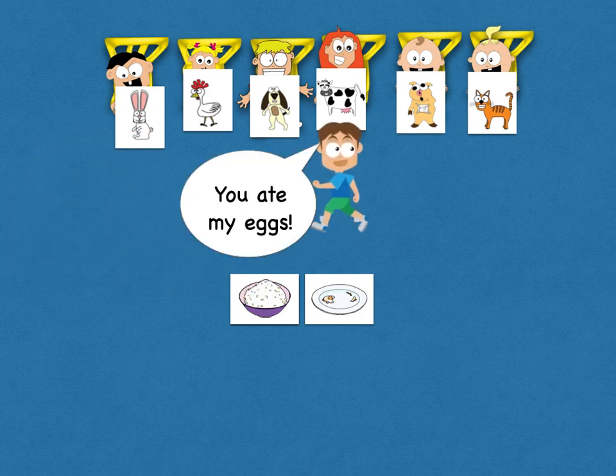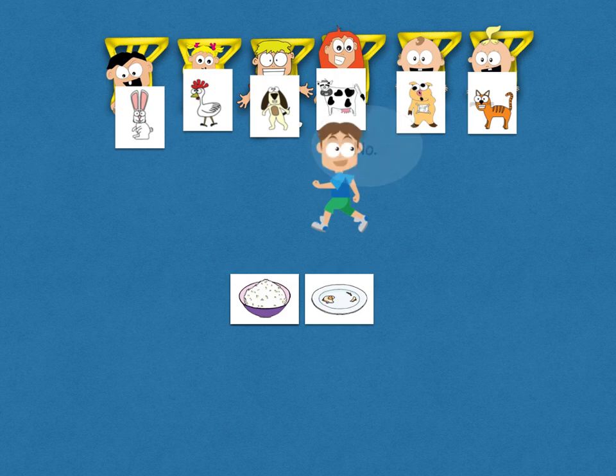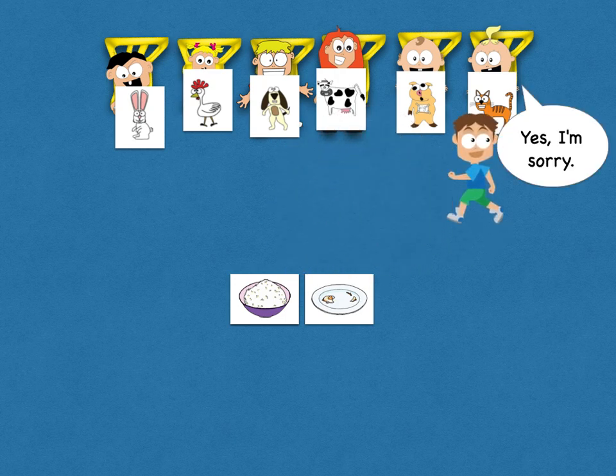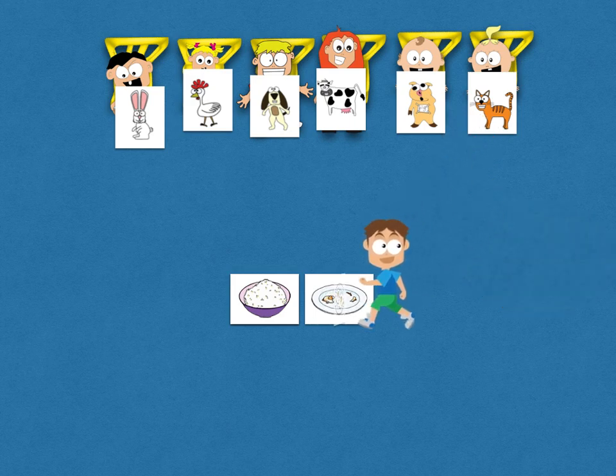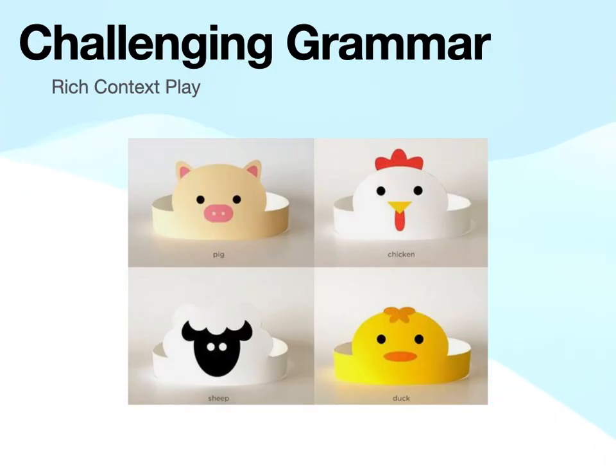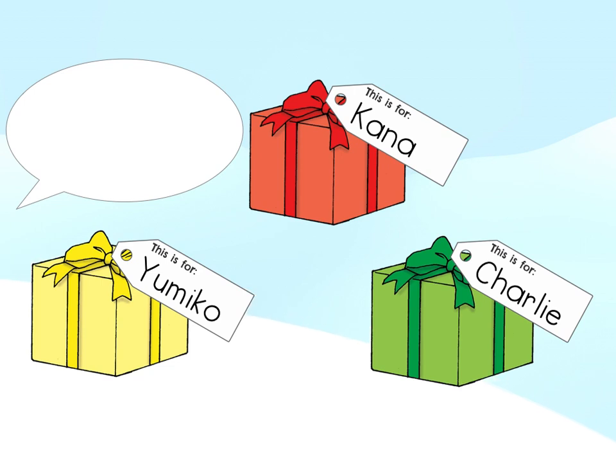And we'll just finish up this and get to the next slide. You ate my eggs. Yes, I'm sorry. That's okay. I have more eggs. There we go. So here's one more activity. The previous activity focused on past tense and showing how kids can learn past tense.